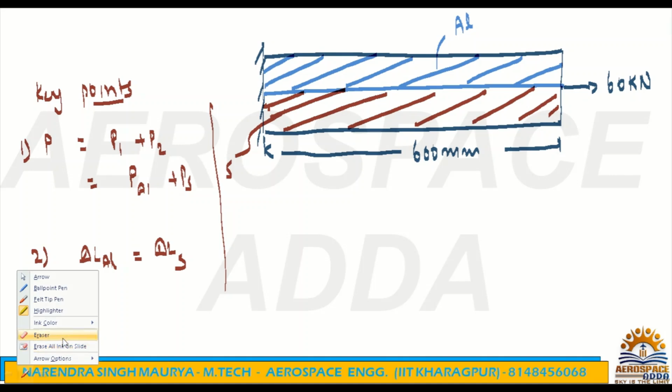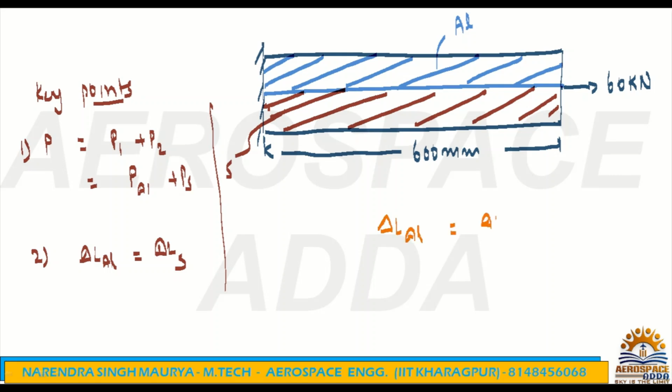Anyway, now we'll start solving this. If change in length in aluminum is equal to change in length in steel, we have P1 L1 divided by A1 E1 is equal to P2 L2 divided by A2 E2, right?